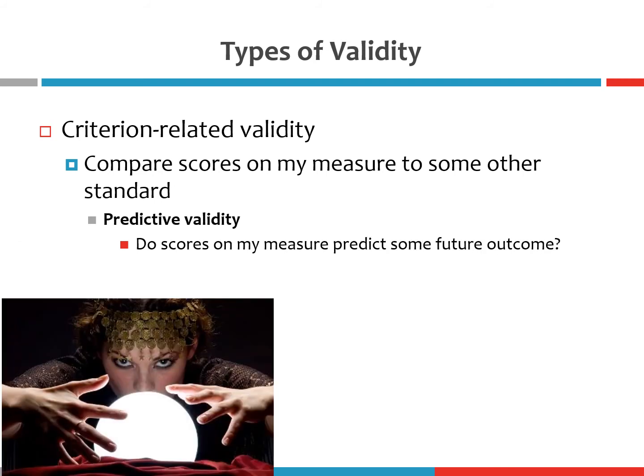Okay, so another kind of construct or criterion related validity is predictive validity, and that's just what it sounds like. With predictive validity, we are asking whether the scores on our new measurement instrument predict some future outcome.